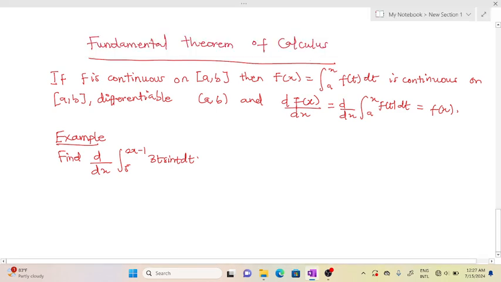So let's see. This one is capital F. dF/dx is equal to d/dx of the integral from a to x of f of t dt, which should give us f of x.